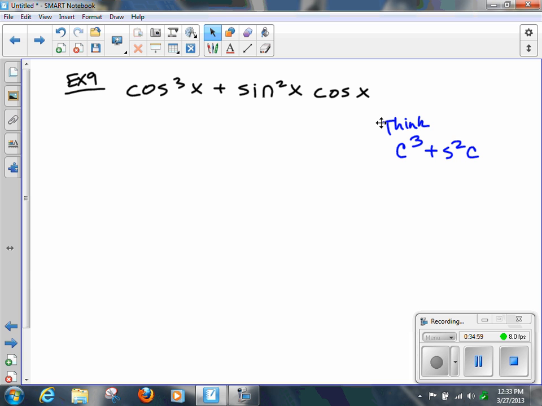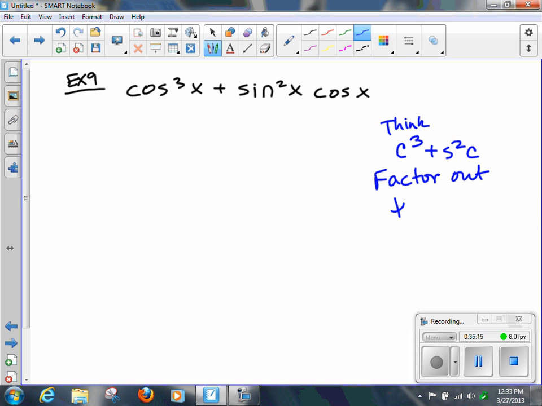By taking out a C, what are we actually doing? Factoring out the what? Yes, factor out the GCF. If we were to take out a GCF here, we would have C times the quantity C squared plus S squared, wouldn't we?